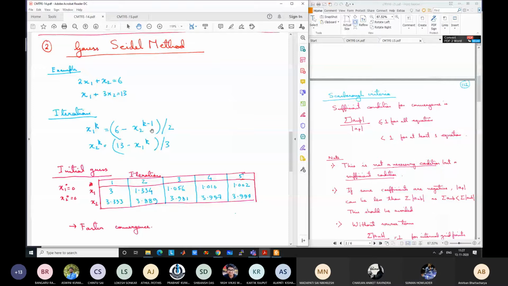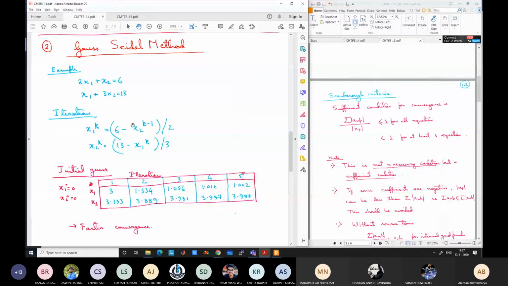So the absolute value is half, and for this the absolute value is 1. So this condition is satisfied, means it is actually less than 1. And similarly for the second equation we have to check, because both equations need to satisfy that criteria. Second equation also, this is 1 and this is 1 by 3. So it is satisfied.